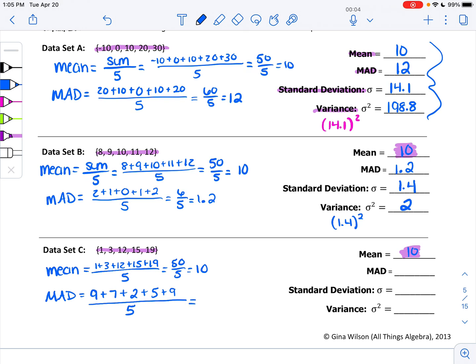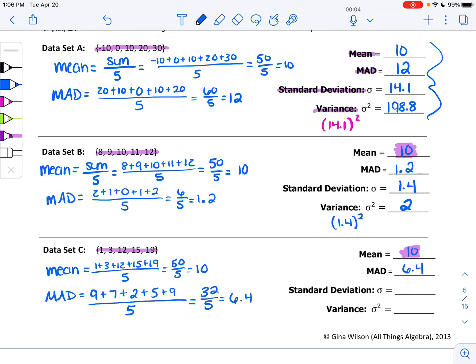When I add those together, 9 plus 7 is 16, plus 2 is 18, plus 5 plus 9 gives me a total of 32. And 32 divided by 5, we want a decimal of 6.4. So our MAD is 6.4.